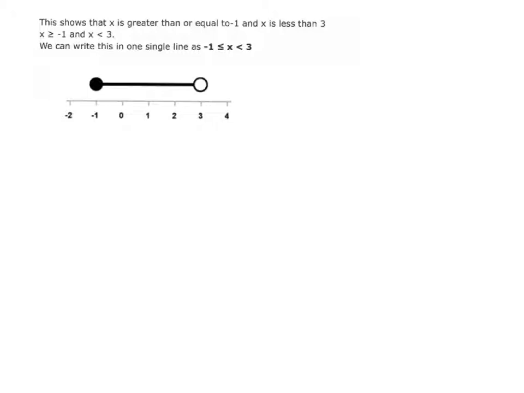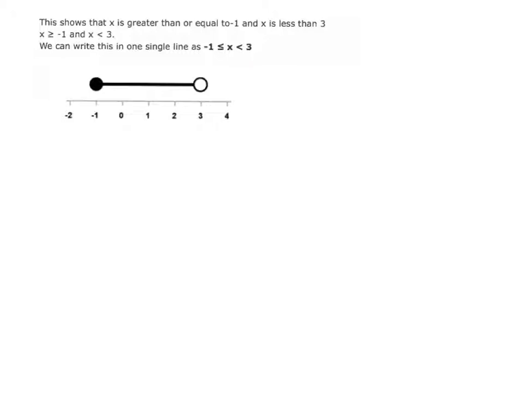In this example, we have got two ends. So this is showing us that x could be -1 because it's coloured in. It can't be 3. So it could be -1, anything greater than -1, but only going up to 3. And it's written like this. So it's saying -1 is less than or equal to x, and x is less than 3.